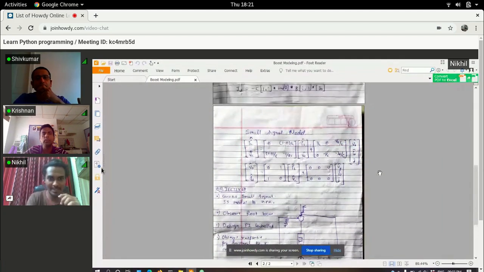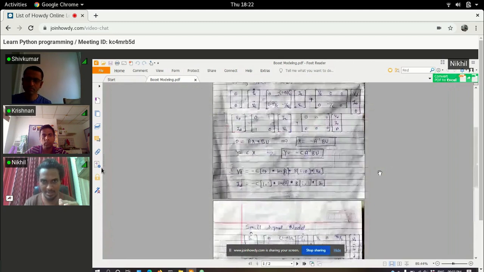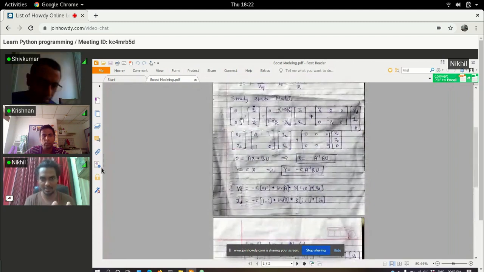But basically, that IL dot cap and VC dot cap is the error. The typical waveform of inductor current is like charging up and charging down, a zigzag kind of wave. So this is the average, it is a steady state current.